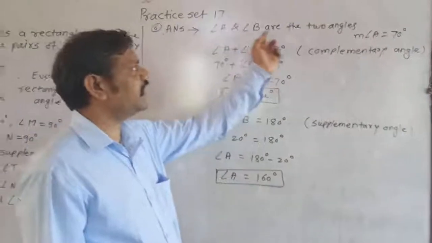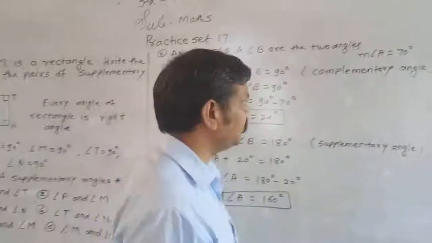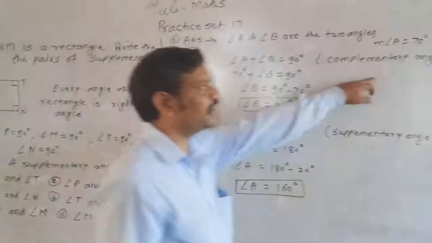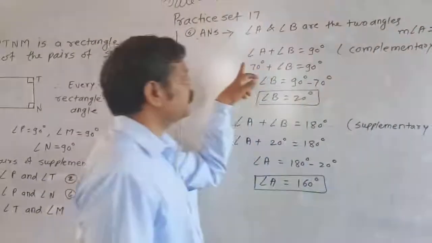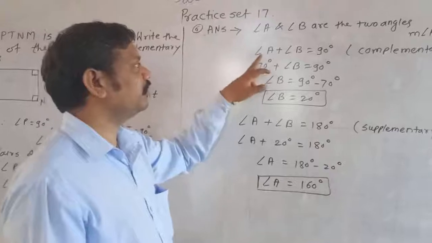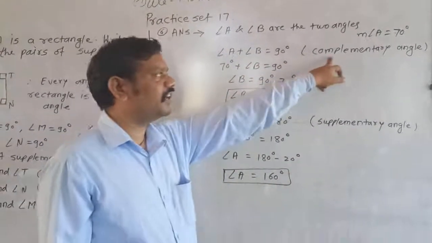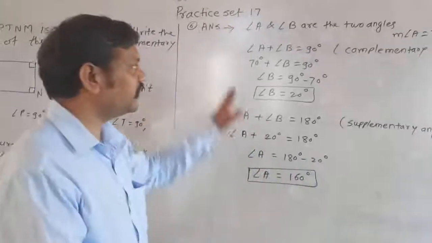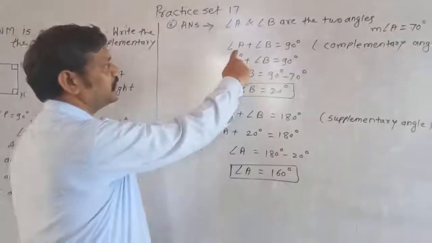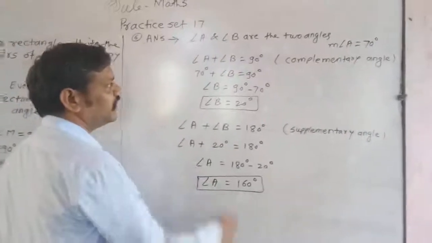First we find the complement of A. So angle A and angle B are the two angles here. Suppose, what is the measure of angle A? 70 degrees. So first find out the complement of A. Angle A plus angle B is equal to 90 degrees. Why? According to the question, complementary angles. Angle A is 70 degrees.